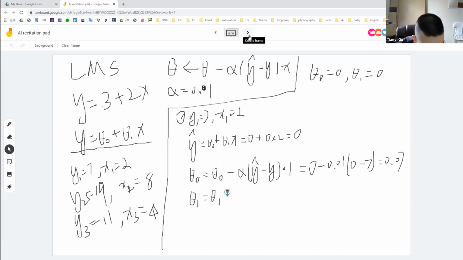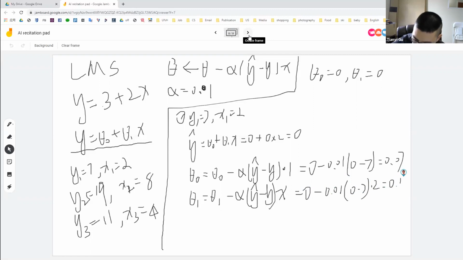So theta 1 minus alpha times y hat minus y times x. Theta 1 before is 0 right now, and then it's 0 minus 0.01 times minus 7 times 2, which is equal to 0.14. All right, after reading one data point, theta 0 should become 0.07 and theta 1 should become 0.14.